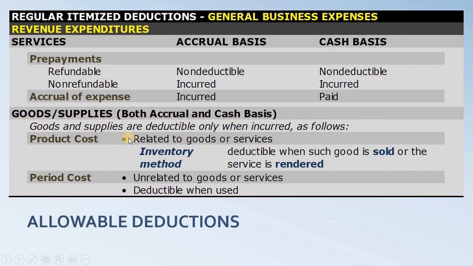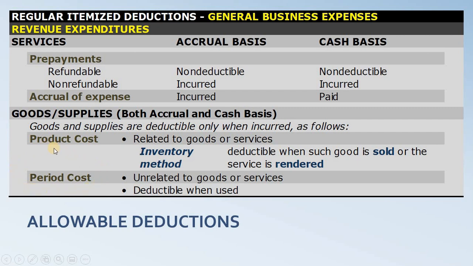Goods and supplies can be classified into two: product cost or period cost. When we say product cost, these are costs that are related to the manufacture or acquisition of the product being sold by the taxpayer. However, period costs are other operating expenses that are not related to the acquisition of the product, but are supporting costs in order to survive the business.